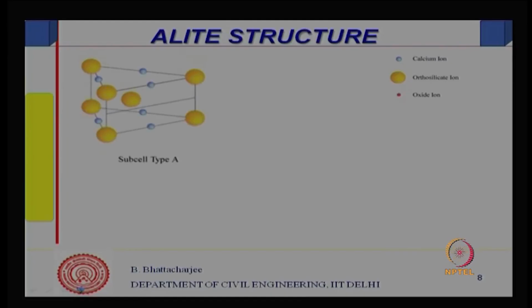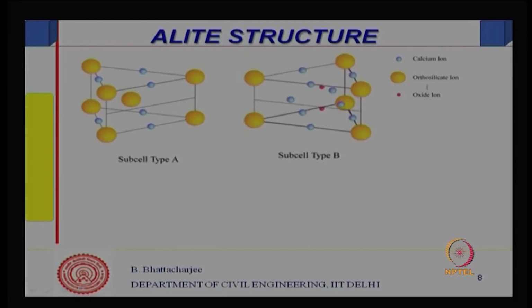You see, this has got subshells. These are the calcium ions, the orthosilicate ion, that is SiO4 negative orthosilicate ion, oxide ion and calcium ion. They are arranged in subshells like this.